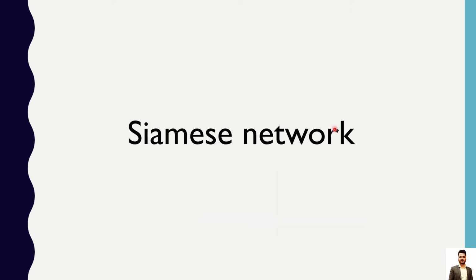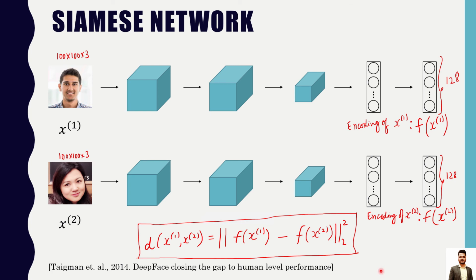So what is a Siamese network? A Siamese network is a deep learning model which utilizes CNNs, right? Convolutional neural networks. You can see here that the image is of size 100 x 100 x 3. Why 3? Because it is a colored image, 3 is the RGB channels. So you are passing it through the convolution, and in the last 2 layers you have fully connected layers.